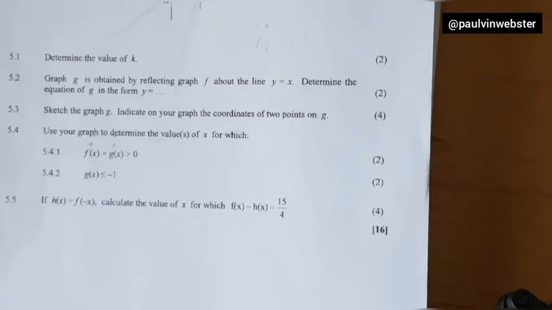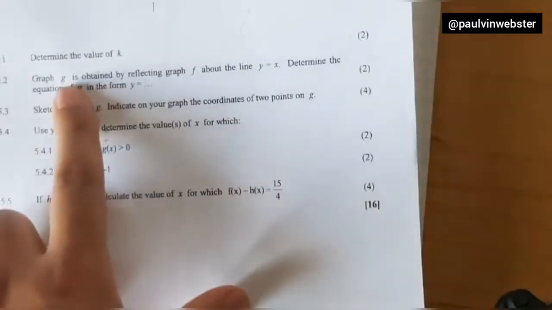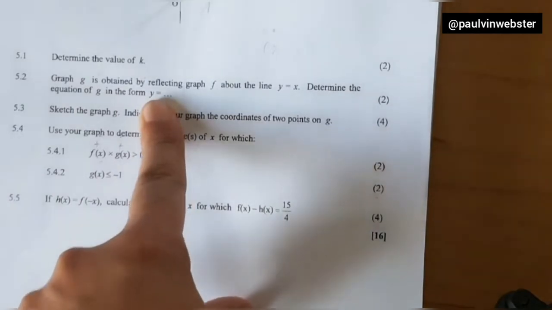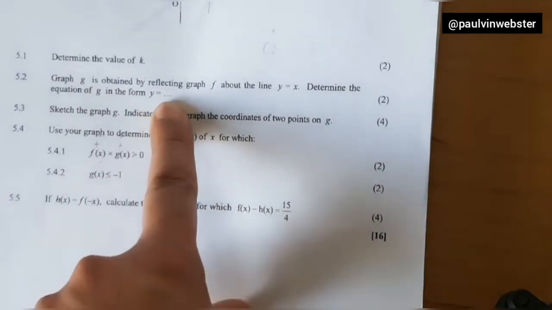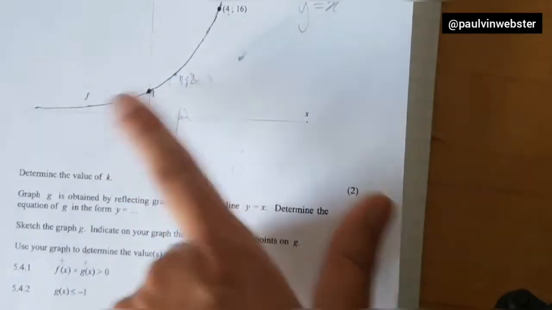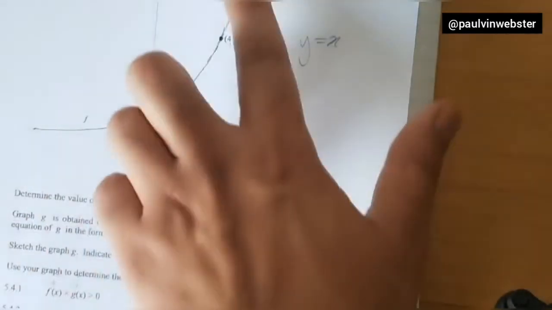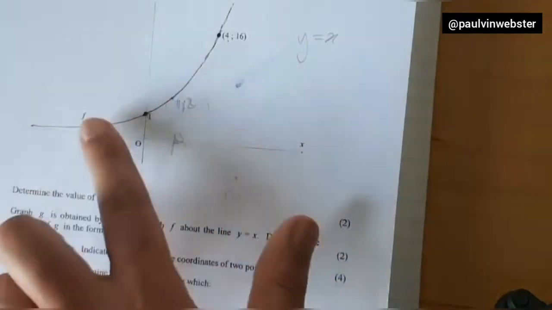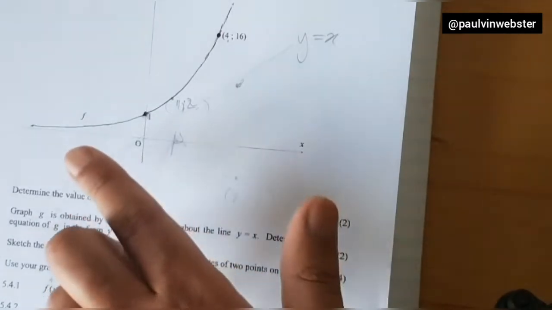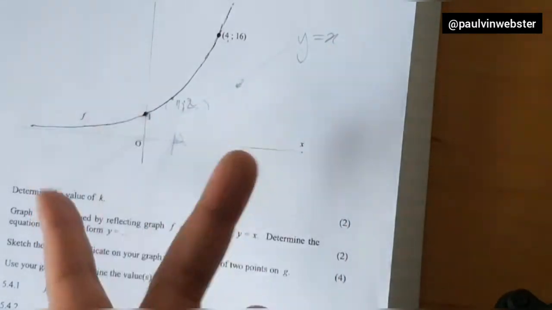But how did you do 5.2? 5.2 is where we switch the x and the y to get the equation of the inverse. So the first important thing was to get the equation of this one, which is the exponential, and the inverse of the exponential is the log function. So inverse means basically just swap your x and your y.